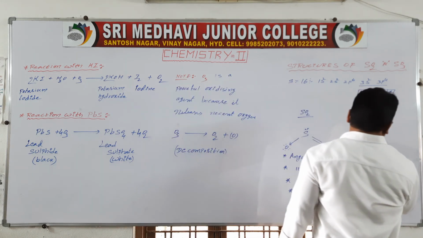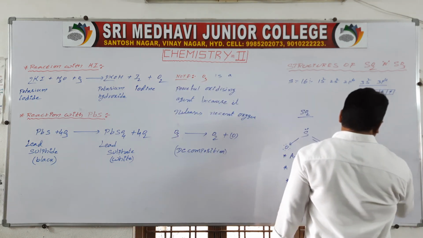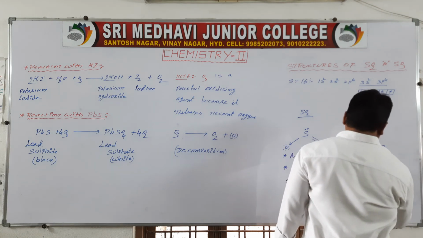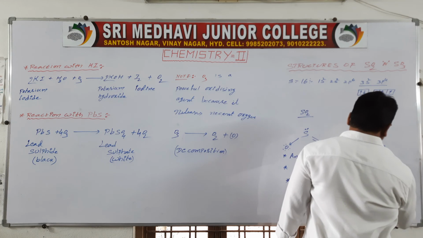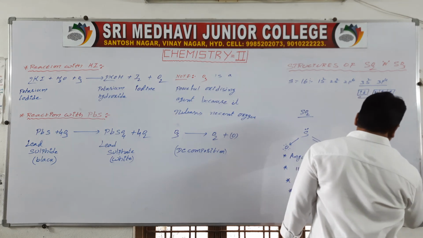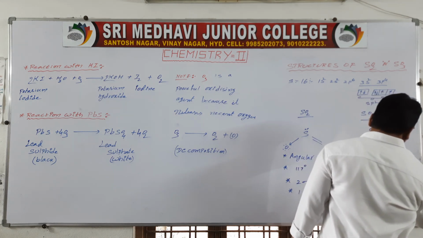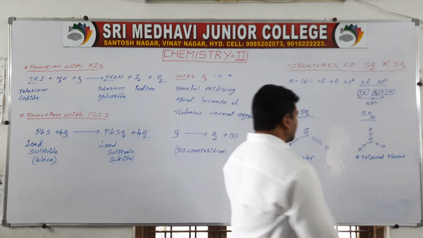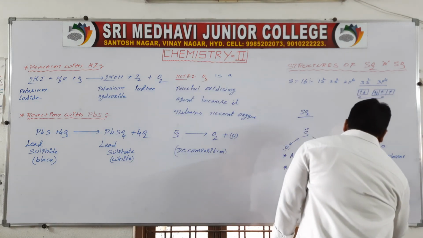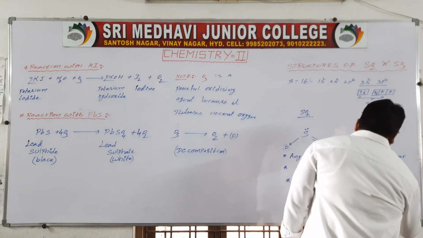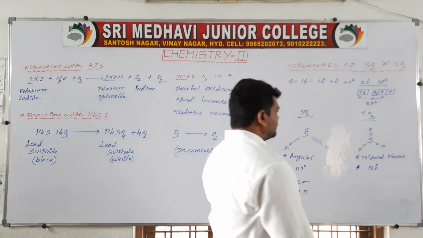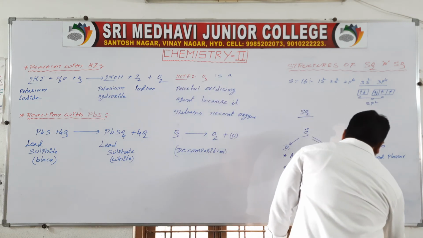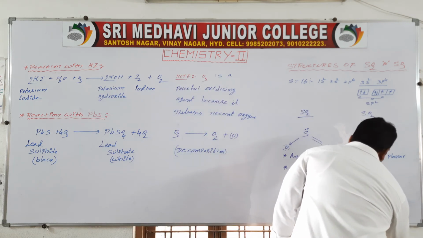If you take this one, double bond O, double bond O, double bond O, it is trigonal planar. See here, bond angle is 120 degrees. How many sigma bonds? 3 sigma bonds.